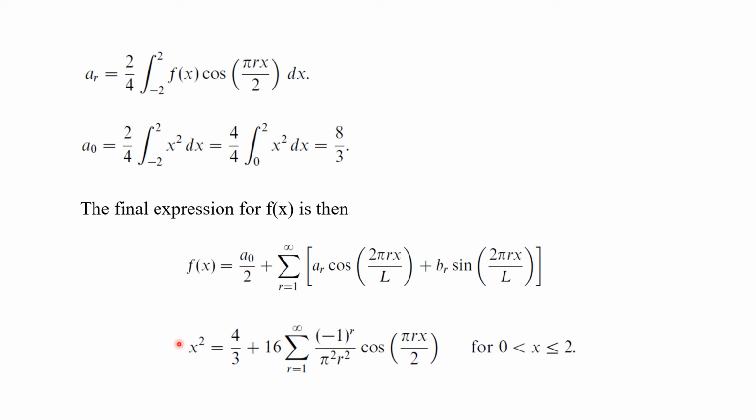So you have your Fourier series for x squared, that's equal to 4 over 3 plus 16 times the sum of (-1)^r over pi squared r squared cosine pi rx over 2. To review this, you can refer to the previous video for a thorough explanation of the solutions.